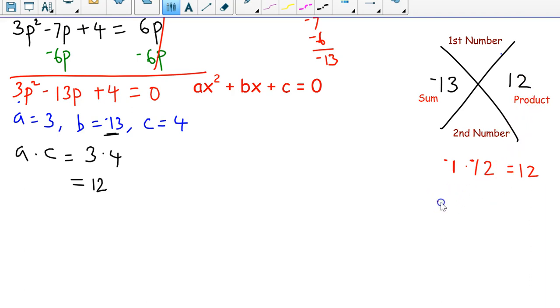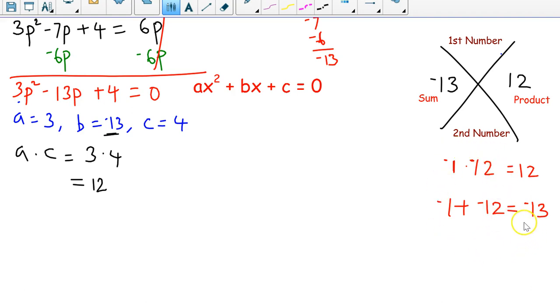And add those two numbers, negative 1 plus negative 12, on adding these two will give you negative 13. When both are negative, add them and keep the negative sign. You can even verify using your calculator.